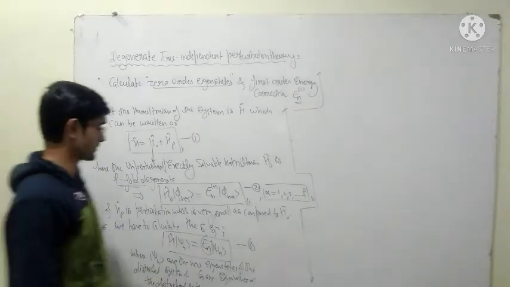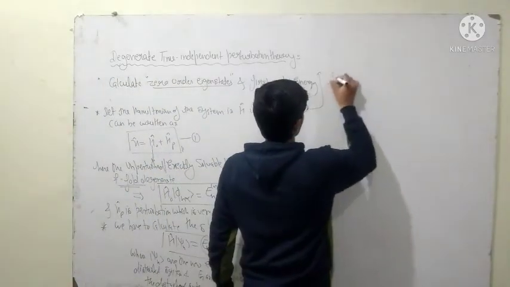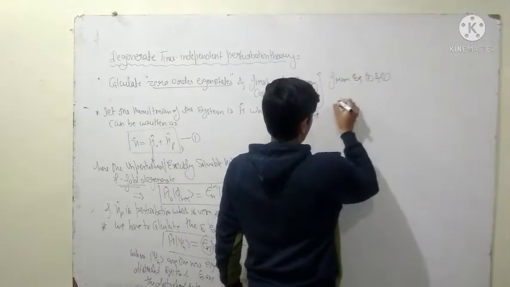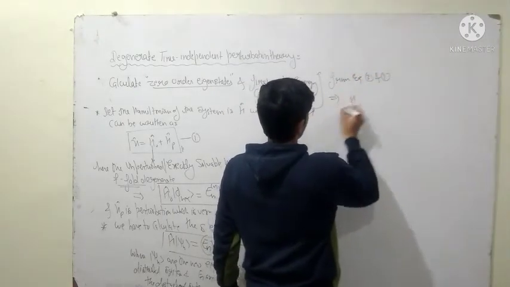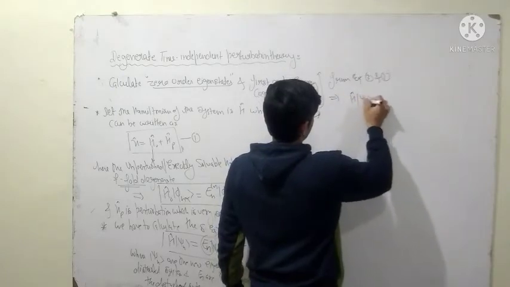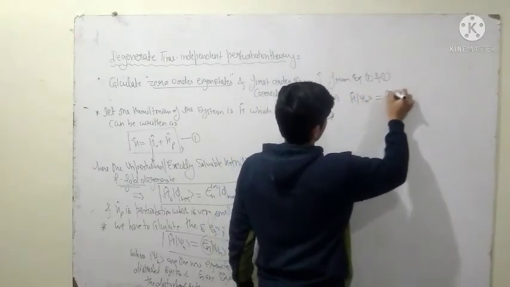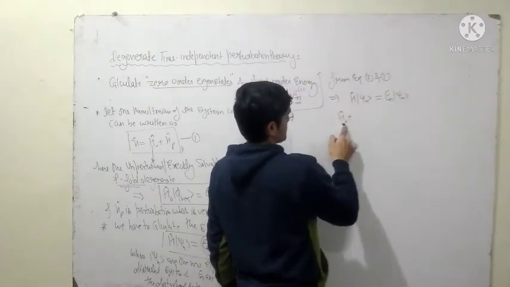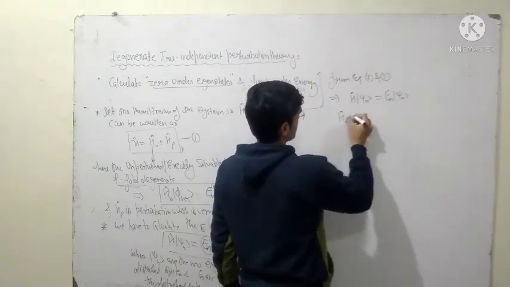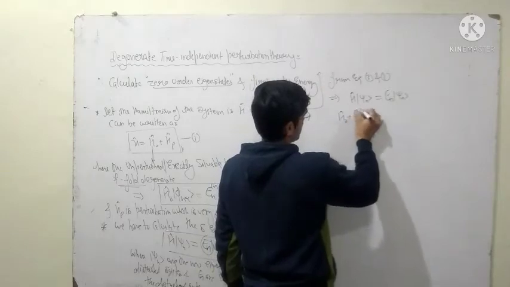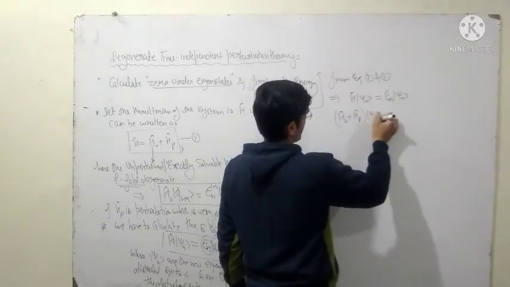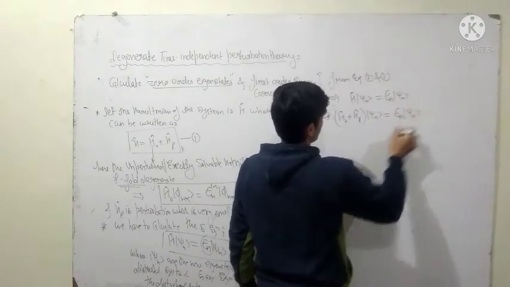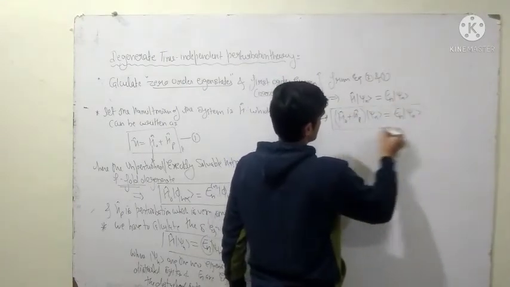So from equation number 3 and 1, H acting on psi n giving En psi n, we can write it as H naught, the Hamiltonian, plus Hp, the perturbed Hamiltonian, acting on the new states giving the new energy and the state itself.